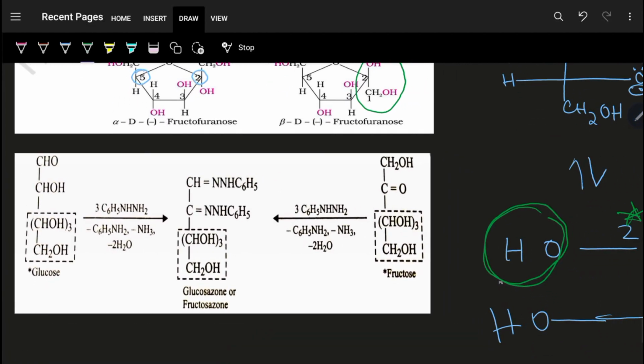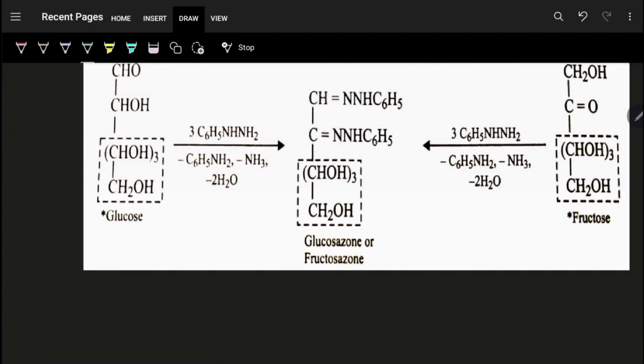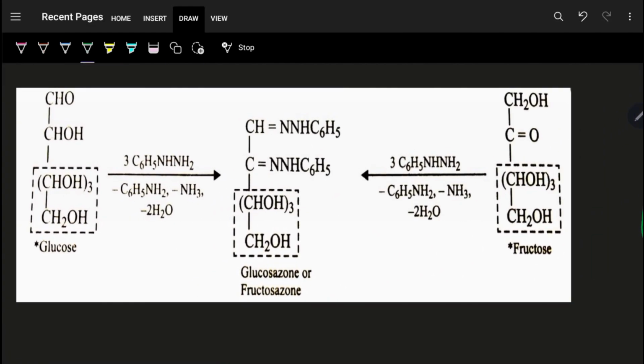Now, there is an important question which comes often in your board exam. You are told to explain the fact that glucose and fructose often produce the same osazone. This is known as osazone, which is obtained by the reaction of C6H5NHNH2, phenylhydrazine. The name is phenylhydrazine.